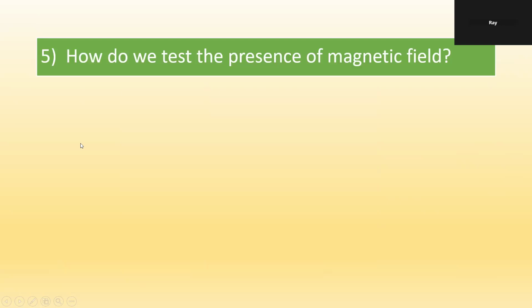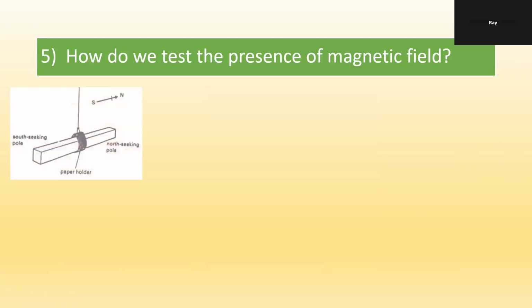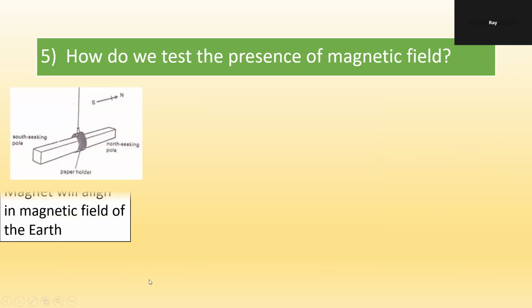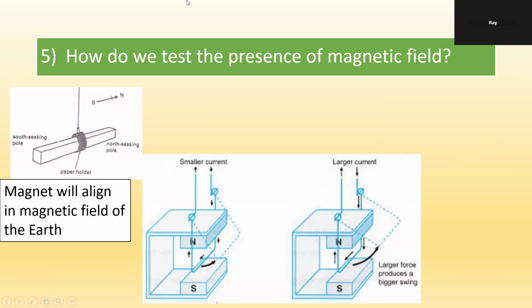How do we test the presence of a magnetic field? We can suspend a magnet, a bar magnet. The magnet will align in the magnetic field of the Earth. And that's why we know there's a magnetic field of the Earth. Right?